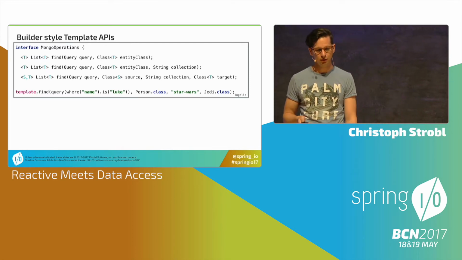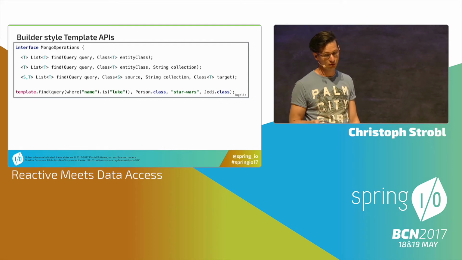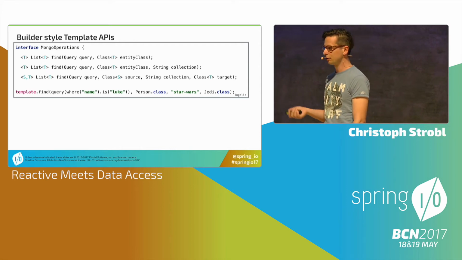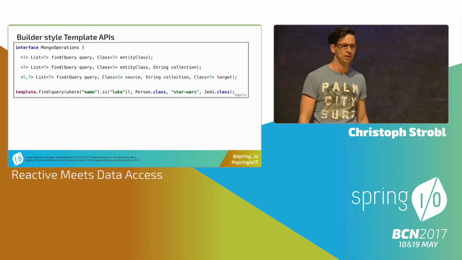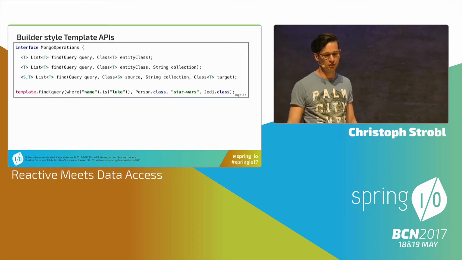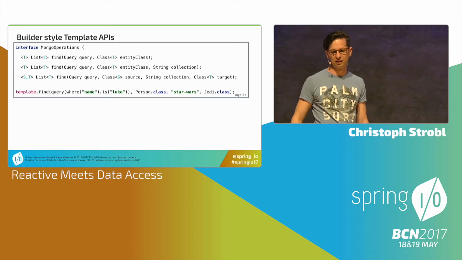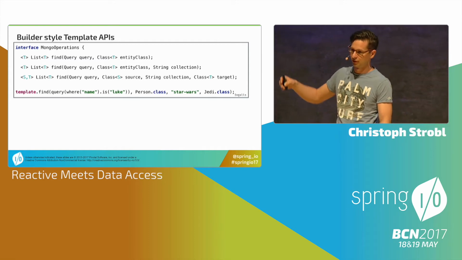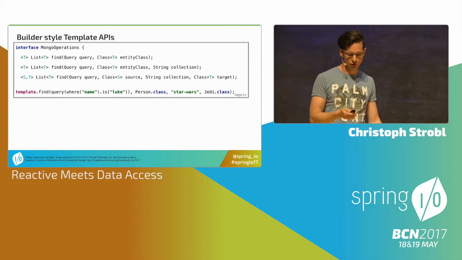Then, if you look at current template level APIs, this is copied from MongoDB, so this is Mongo operations in there. What you will recognize is that when you basically type a template dot, and then the list basically goes over your whole screen, because there are so many overloads for each and every method. Just adding, like, let's say, the collection for the class, or then for a projection, then just another overload, and internally those all just move on.